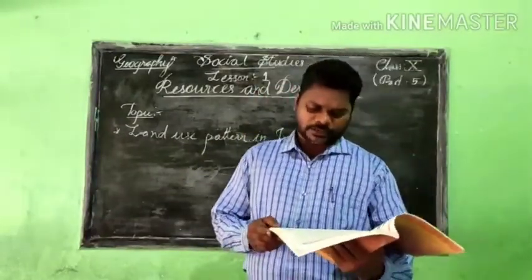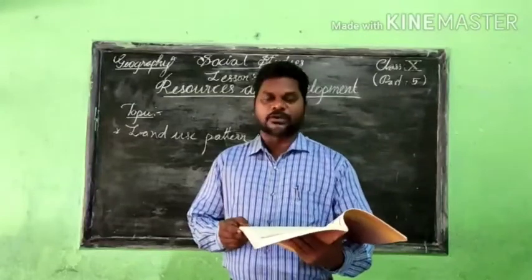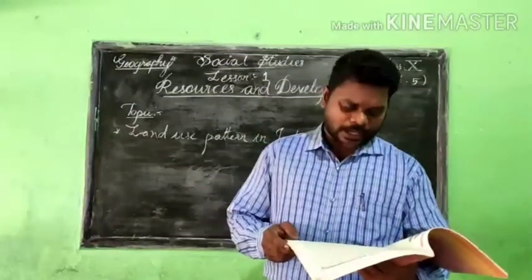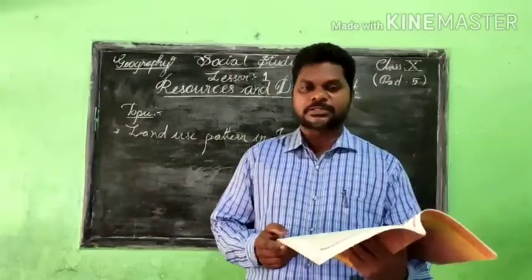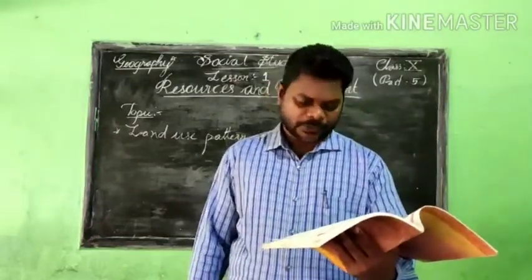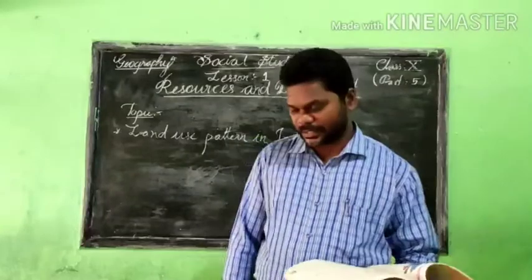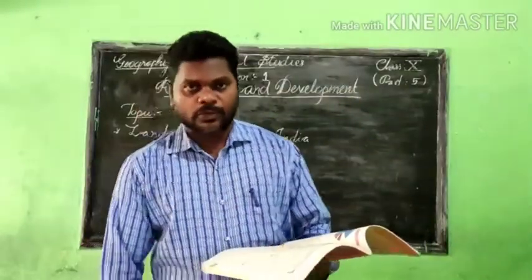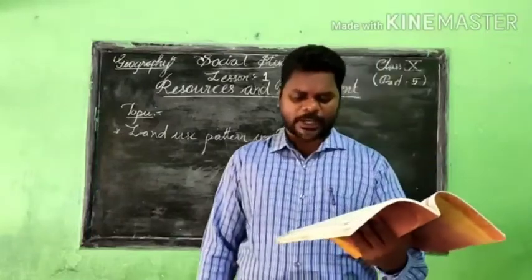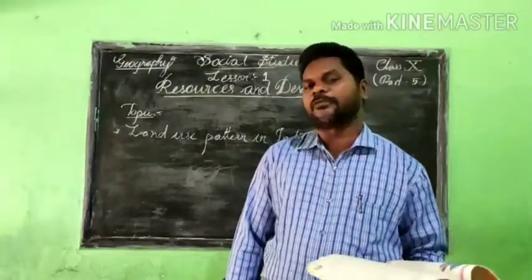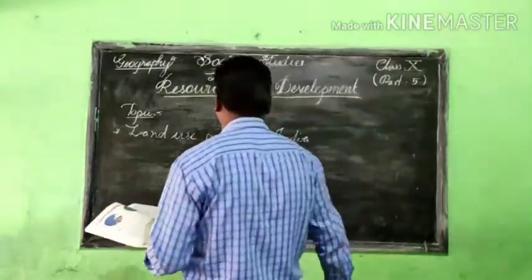The use of the land is determined by both physical factors such as topography, climate, soil, as well as human factors. First of all, we have to understand that two different factors are there.